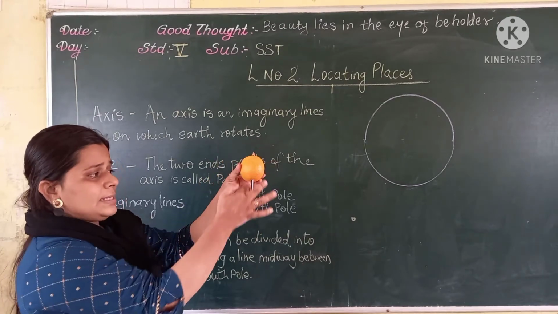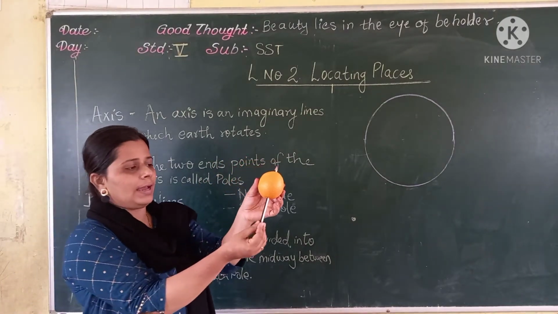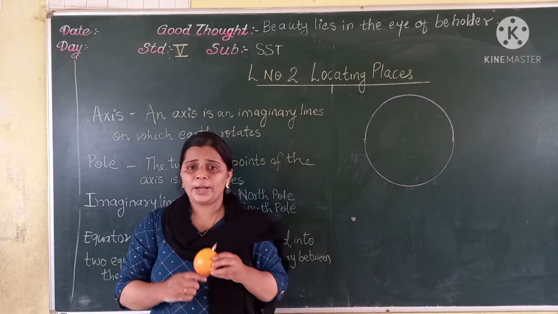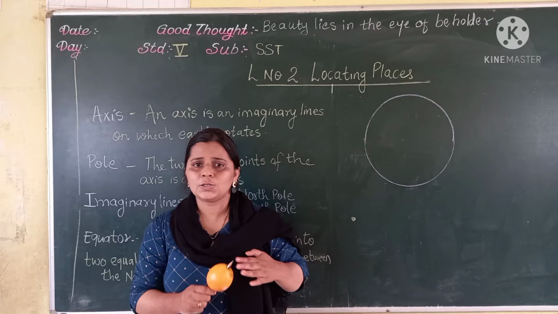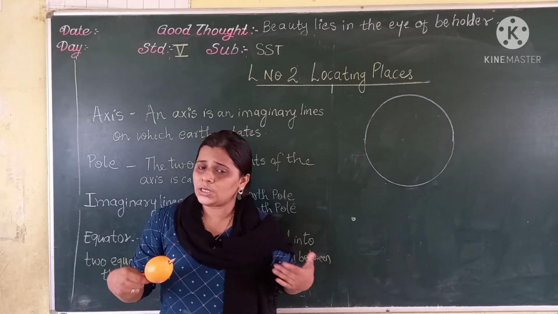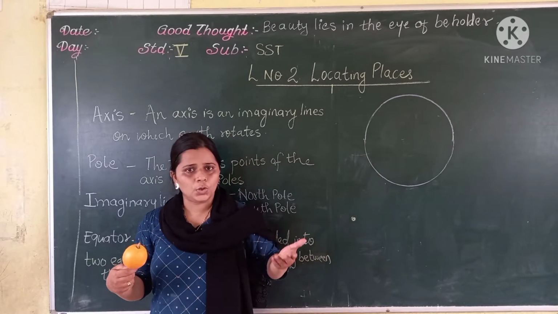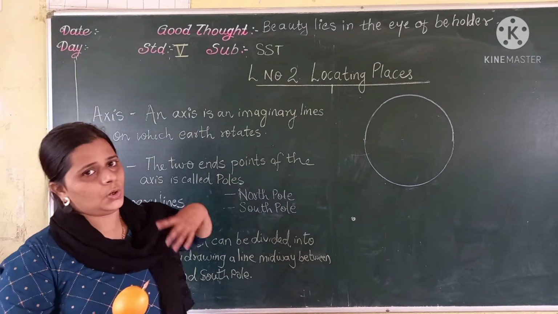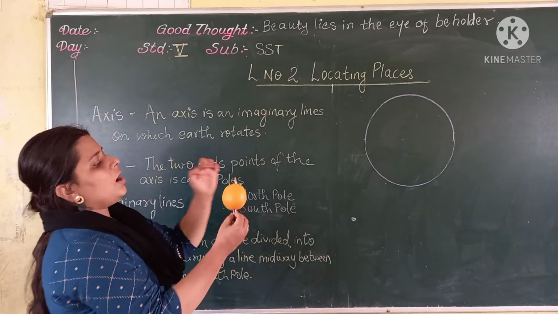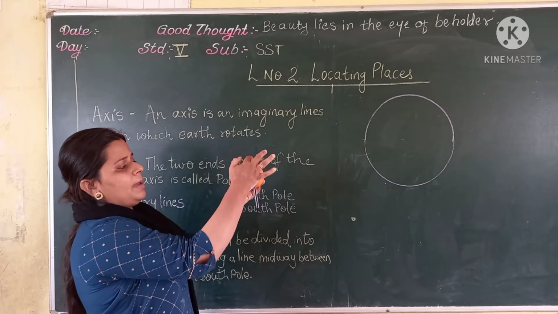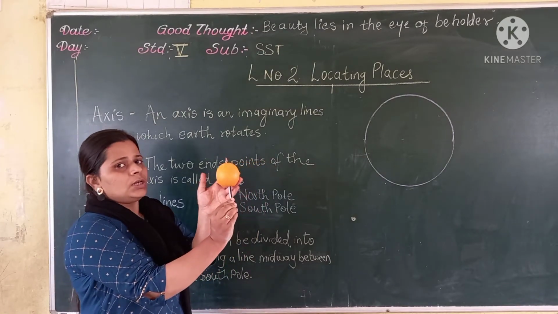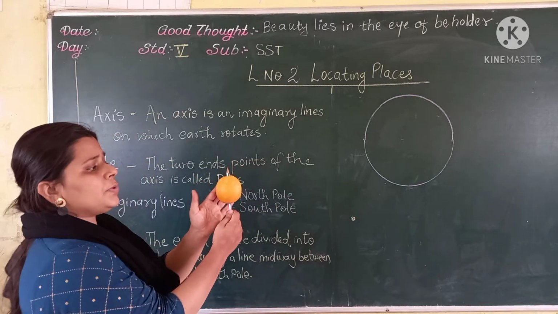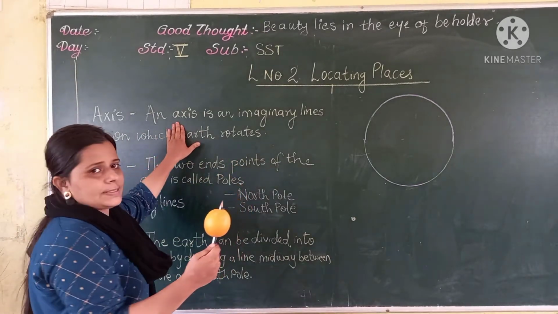An axis is an imaginary line on which Earth rotates. Students, practically you will not see such a line on the Earth. To study the globe, to study the Earth, this line is just imagined. So students, what is an axis? An imaginary line on which the Earth rotates. Okay. Hope you have understood about the axis.